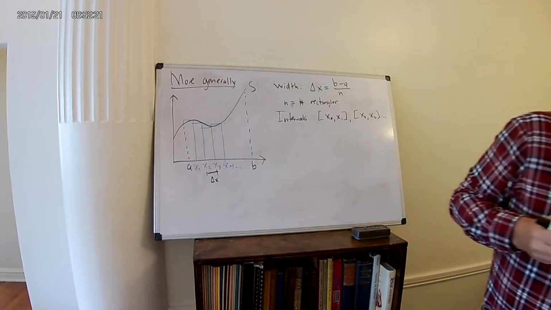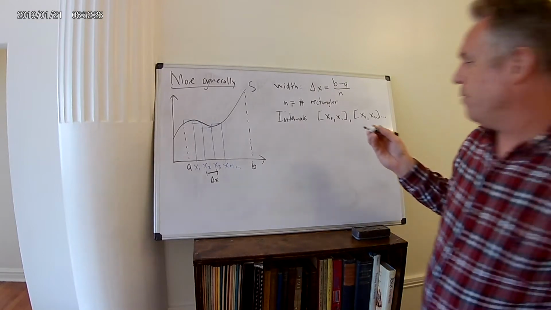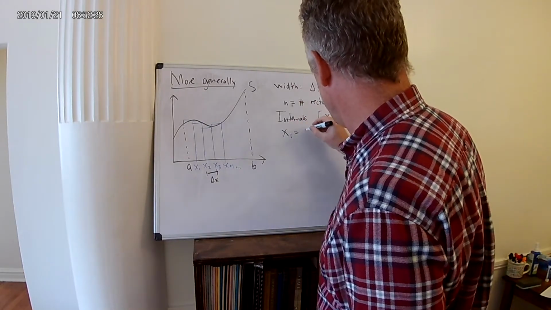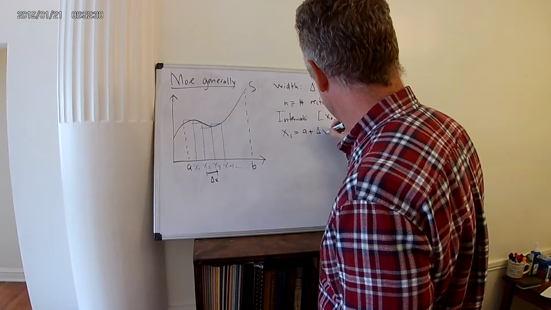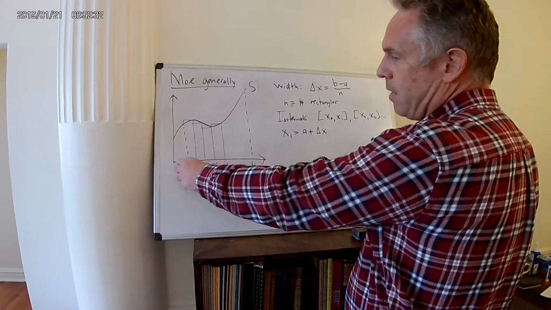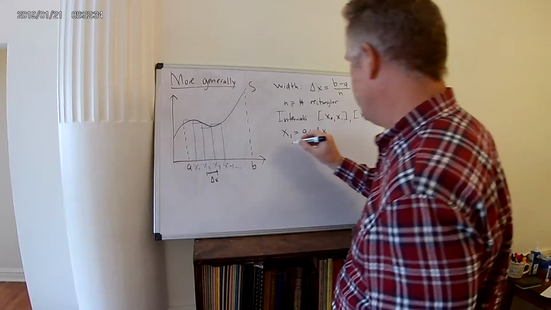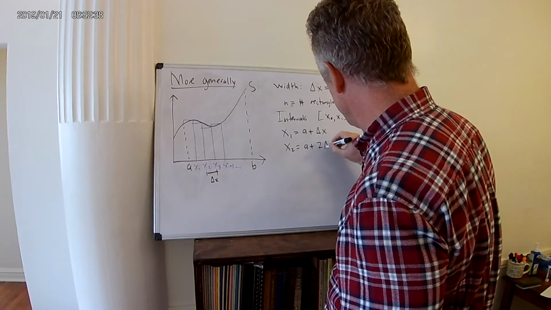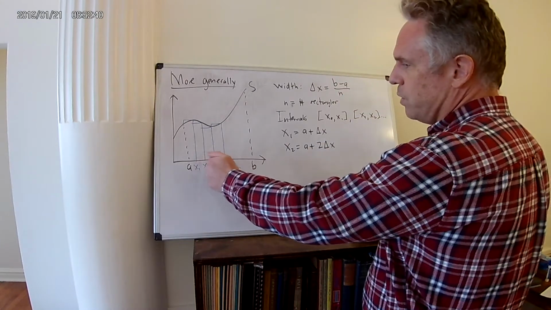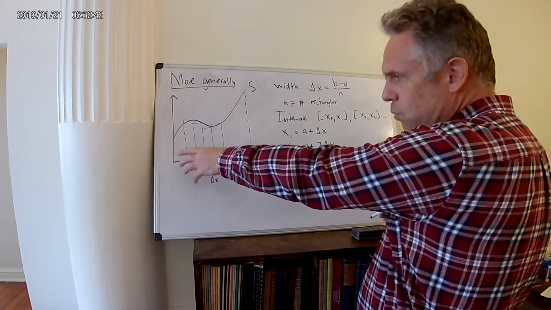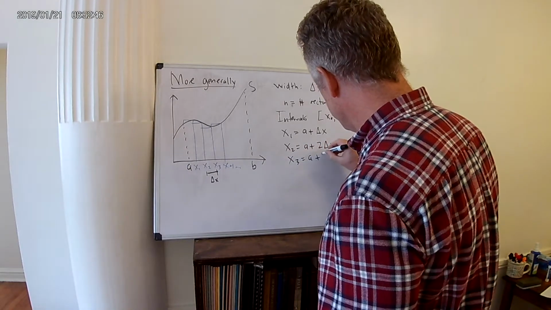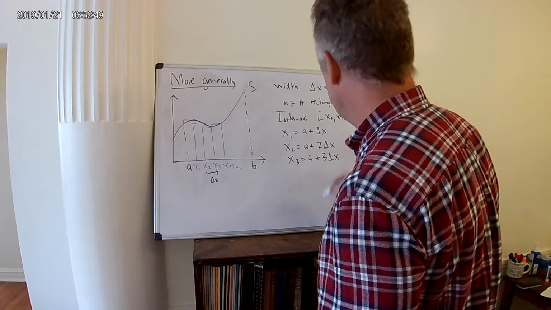And then we can actually write down the different values of x. Like x1 will equal a plus delta x. So x1 is equal to a plus one width of a rectangle. x2 is equal to a plus 2 times delta x, so a plus two widths of a rectangle. And x3 is equal to a plus 3 delta x, and so on.